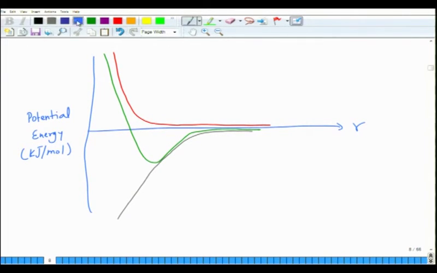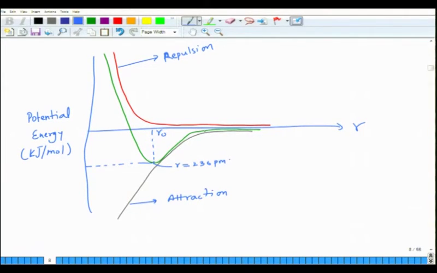So this would be the term which is attraction, and this is what is going to give you the minima. So this is the potential energy minima, this is the equilibrium separation R naught, which is nearly 236 picometer approximately.